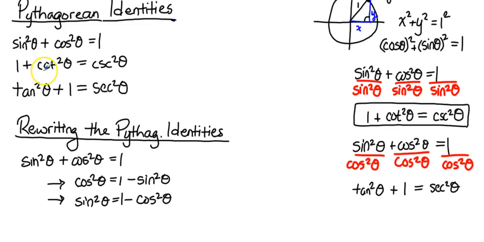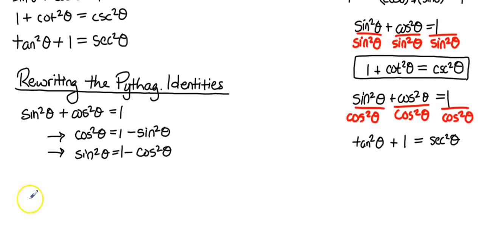Let's now take a look at our second one here. 1 plus cotangent squared equals cosecant squared. And once again, let's see how we can rearrange. Right now, it's a little messy. Let me rewrite it. 1 plus cotangent squared equals cosecant squared.